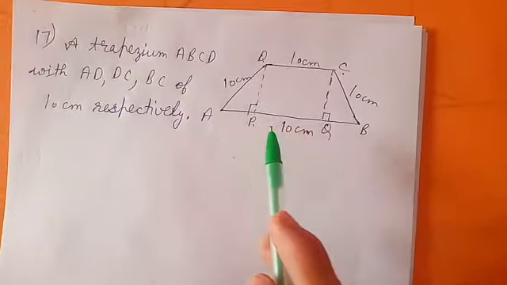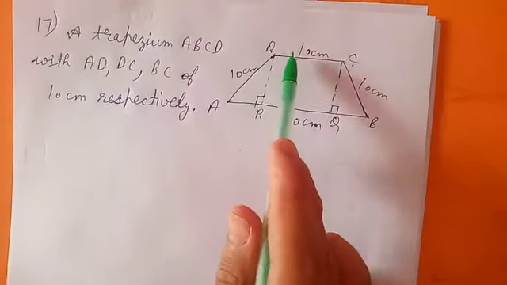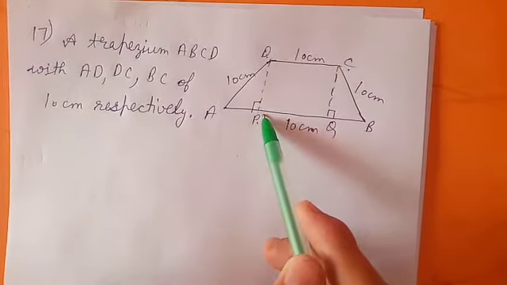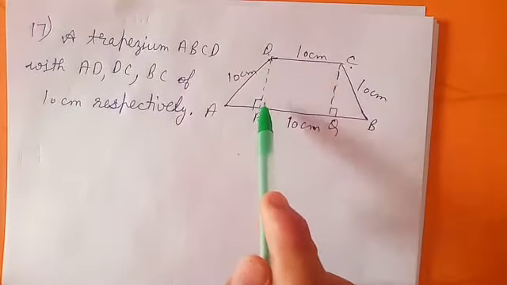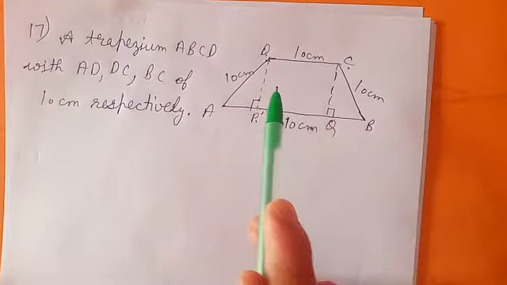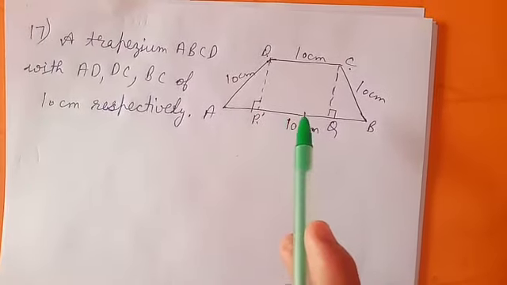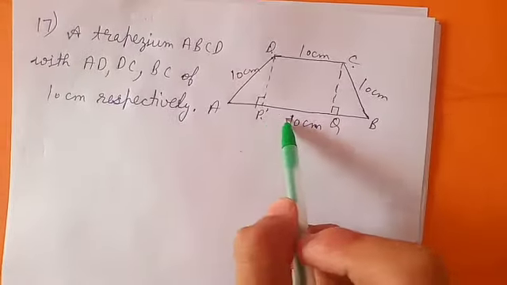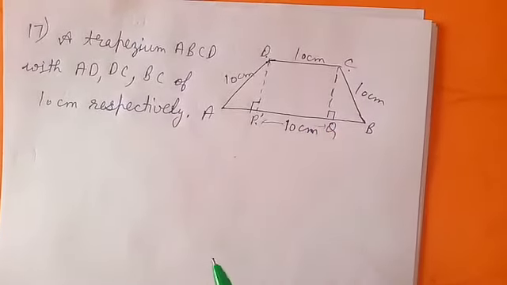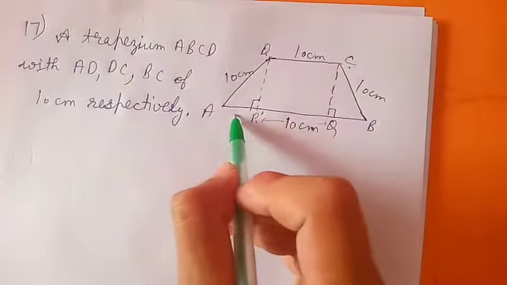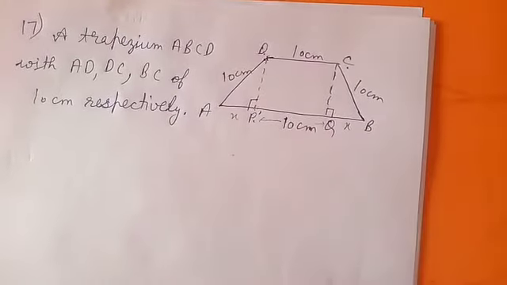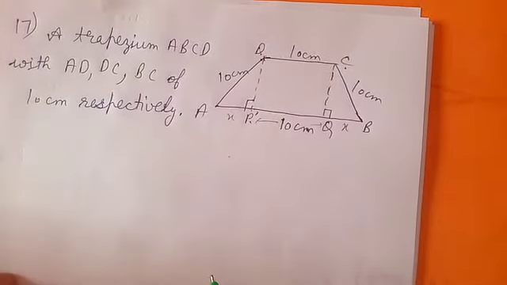We know that whenever we draw a perpendicular from one side to the other side of any figure, then the line drawn is perpendicular and will have the shortest distance. So this length is also 10 centimeter, and I can assume that this length AP and BQ is x centimeters.